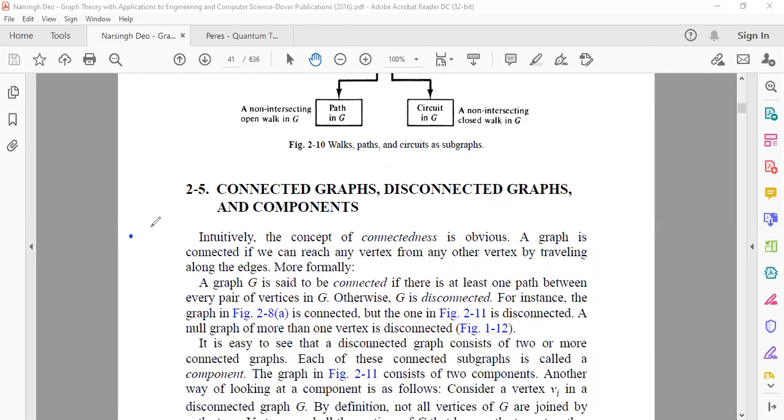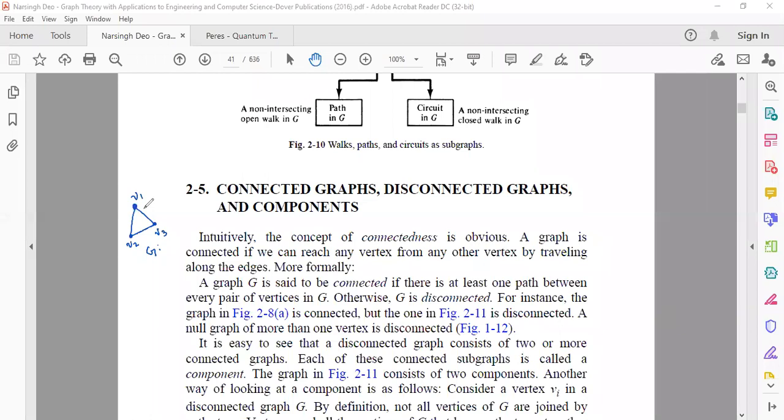Suppose I am considering this triangle, and I am naming the vertices V1, V2, and V3. Now you see that if you consider any pair of vertices of this particular graph G, between every pair of vertices there is a path. There is an edge, a path exists.